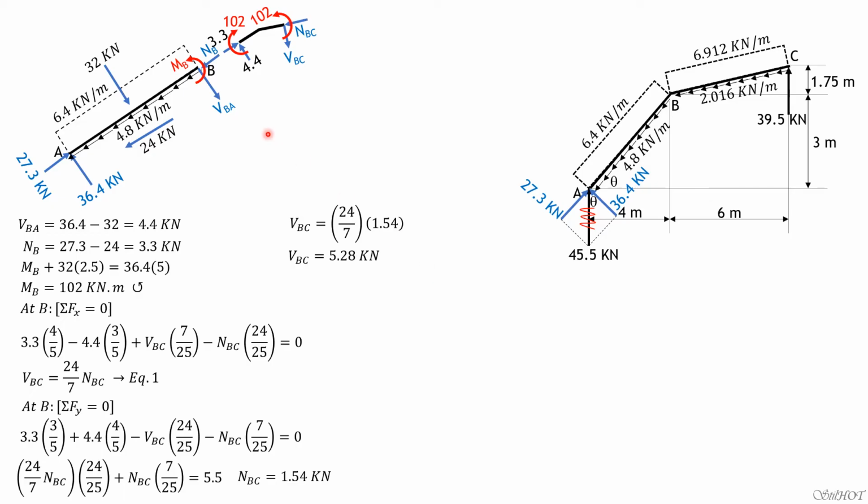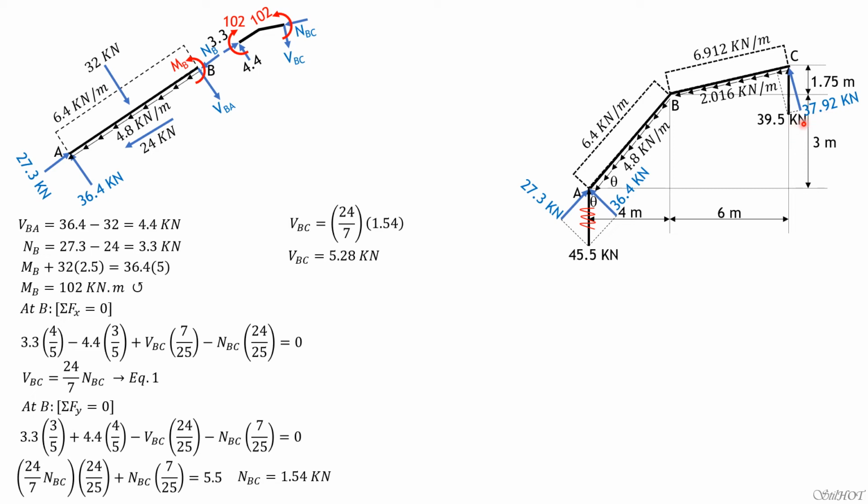So now that we have found shear BA, which is 4.4, and shear BC is 5.28 kilonewtons, let's then transmit this. So this is 39.5 times cosine of beta, which is 24 over 25.